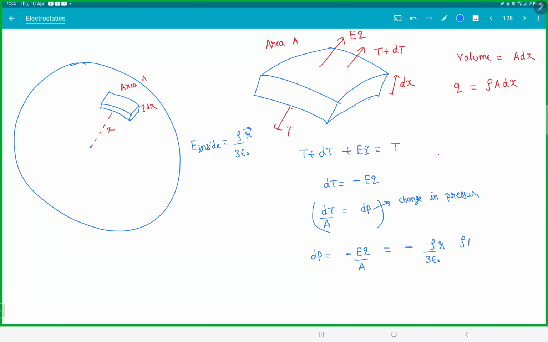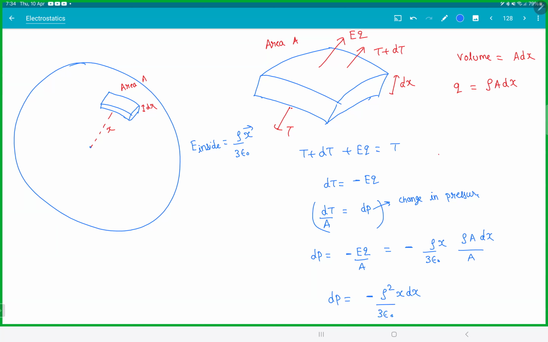Q will be rho A. Take it as x. Rho A dx by area. The area term gets cancelled out. So we will get pressure dp is equal to minus rho square x dx by 3 epsilon.